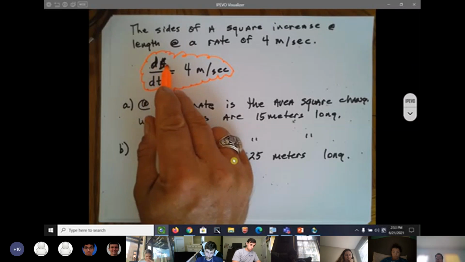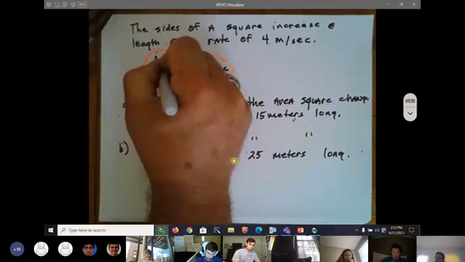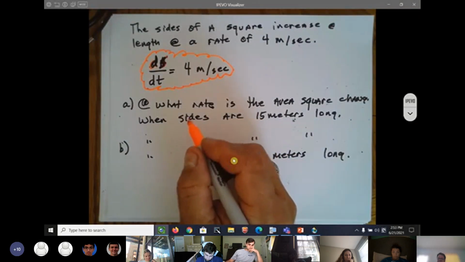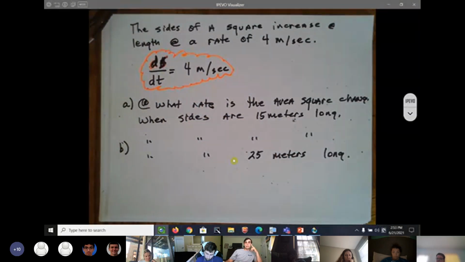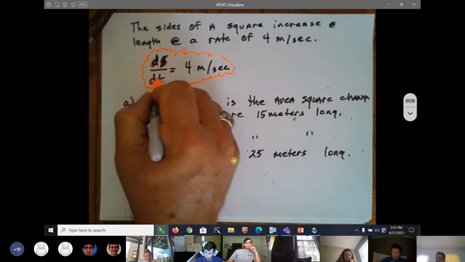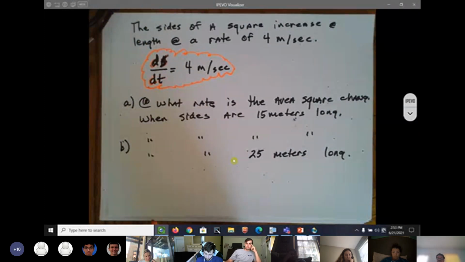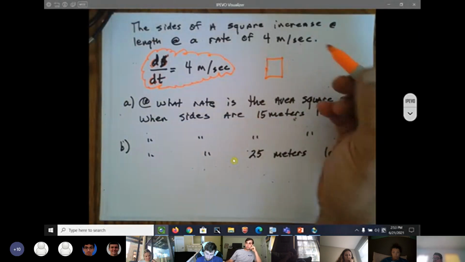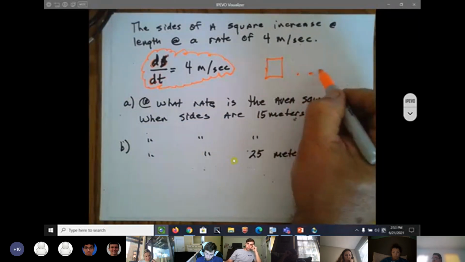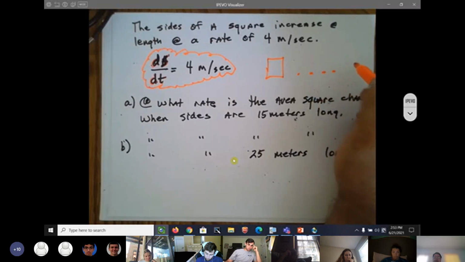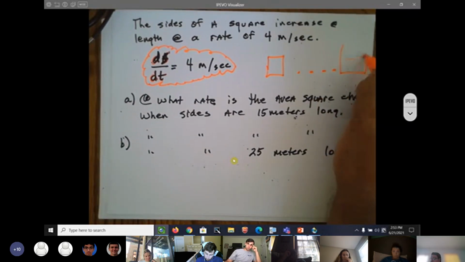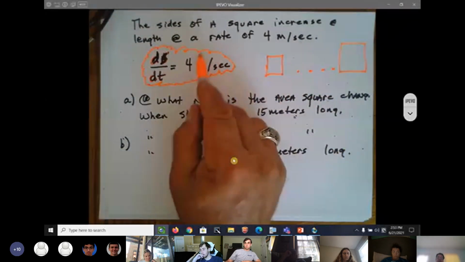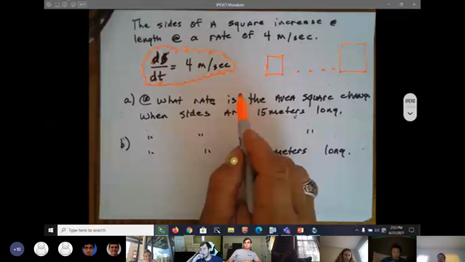The sides of the shapes are changing with what? Time. You're going from a 15 meter by 15 meter square to a what? 25 meters by 25 meters in a period of a few seconds because it's changing 4 meters per second.